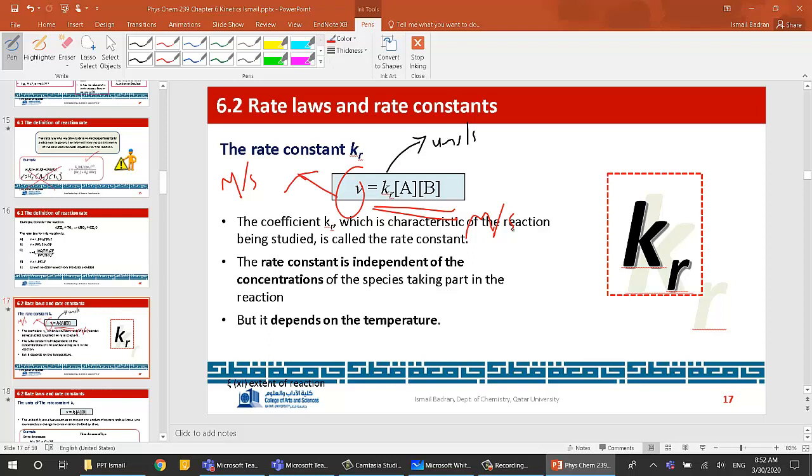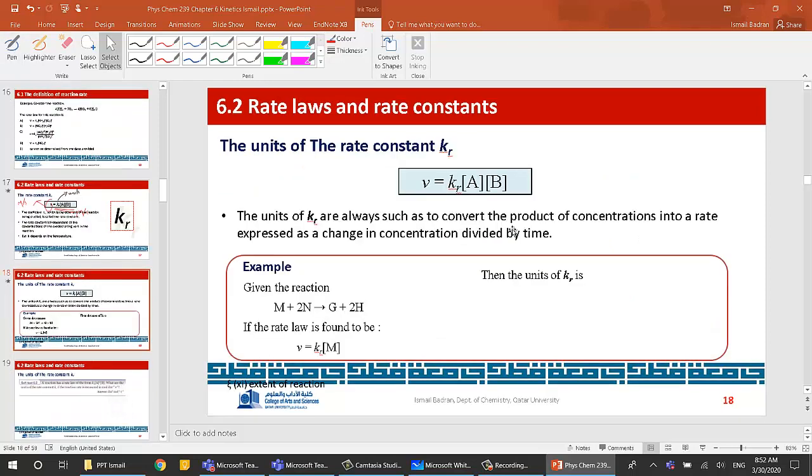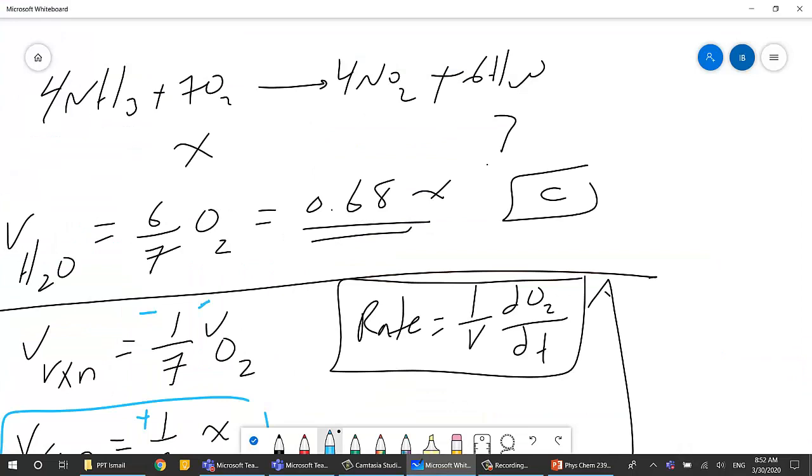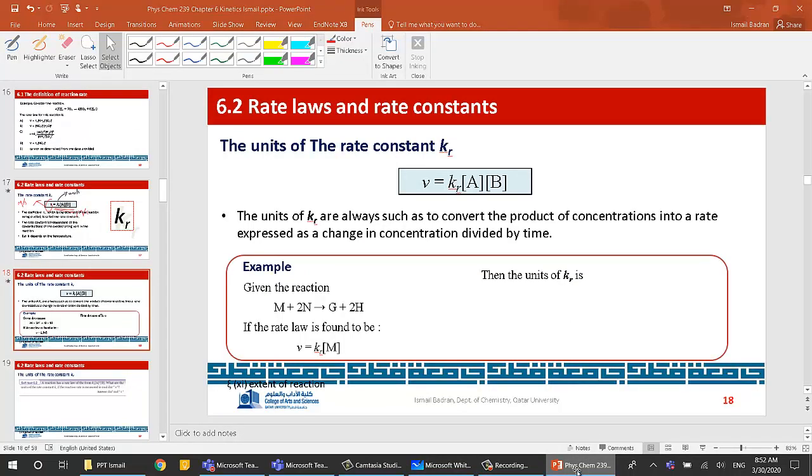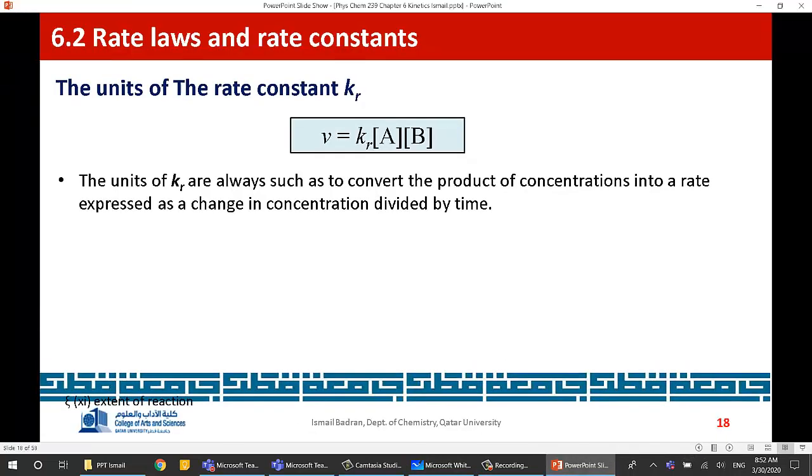So you can actually do that yourself. You can derive the units of the rate constant.